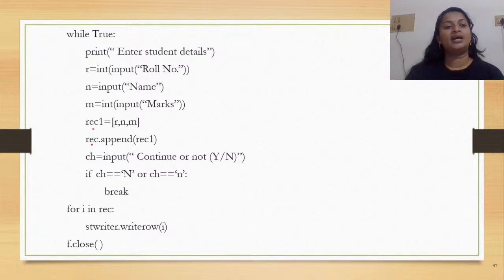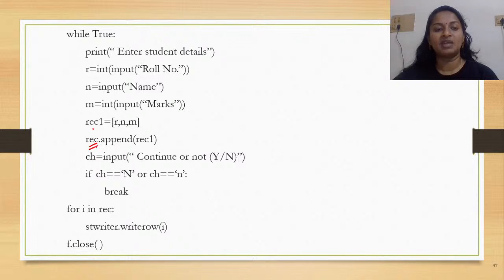And then when you come out of the loop, you would have a number of records all in the format of nested list inside your list named REC. And for i in REC, you would write each of the rows onto the file using writerow. Now, since the writing operation is fully done, what do you do? You would close the file.